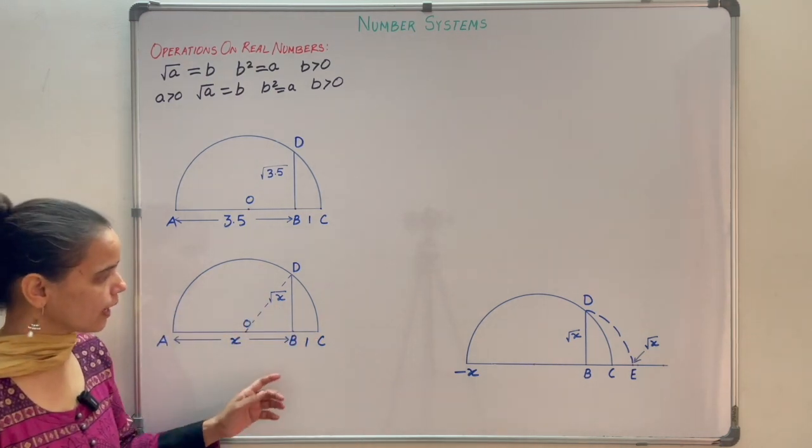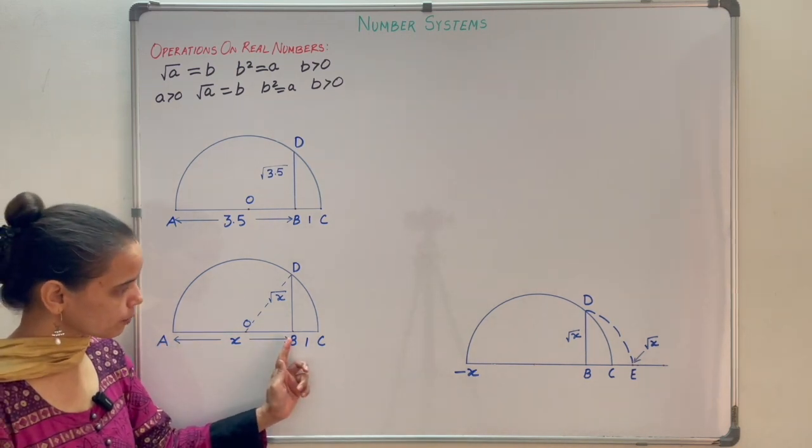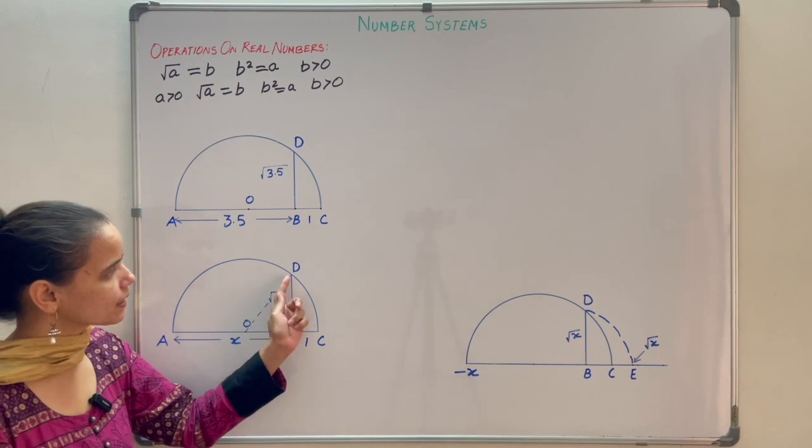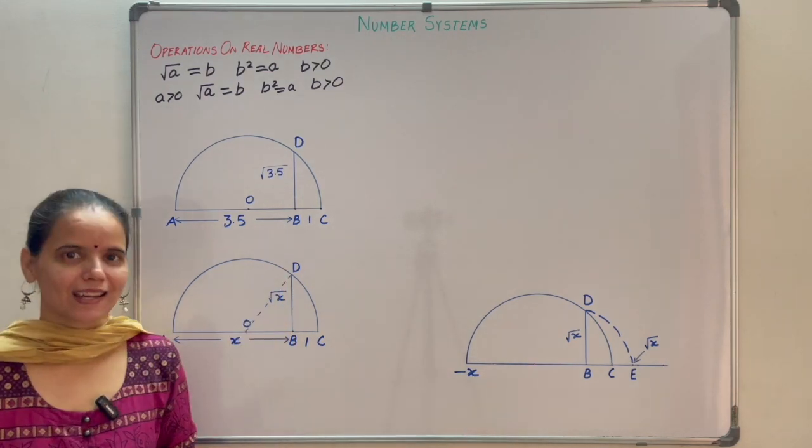Now we will draw a line perpendicular to this line segment AC, passing through this point B and intersecting the semicircle at the point D. So here BD is root x.